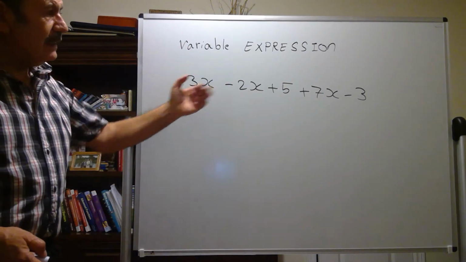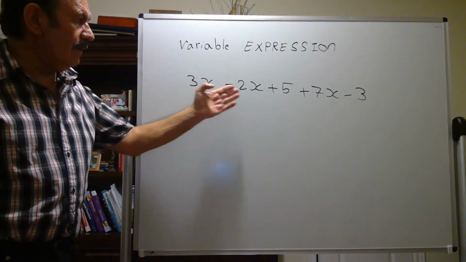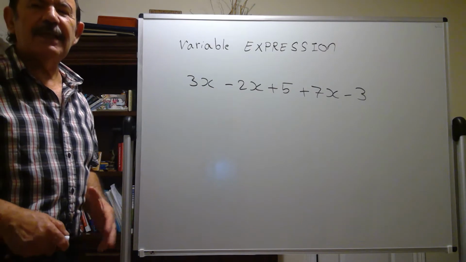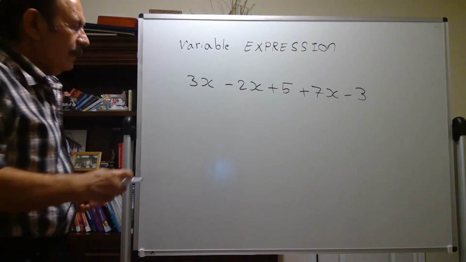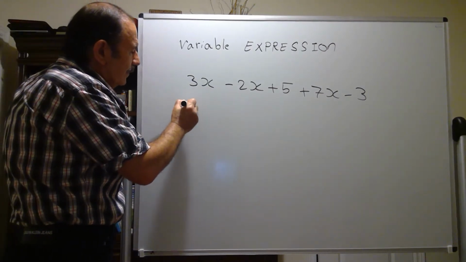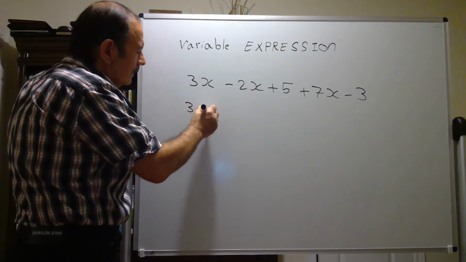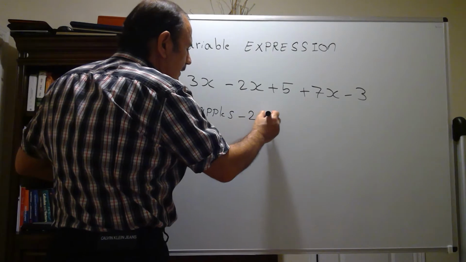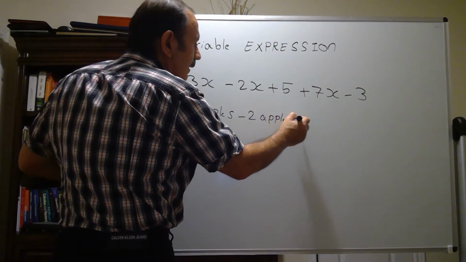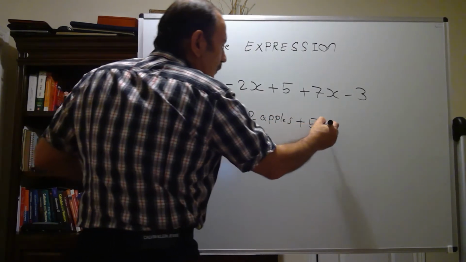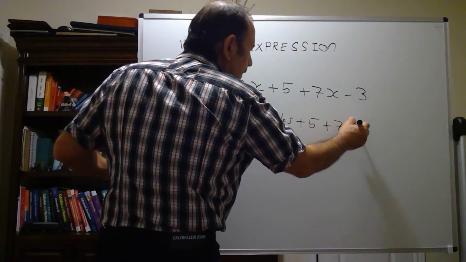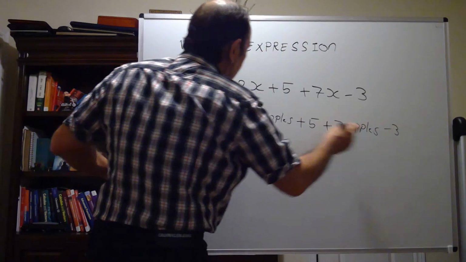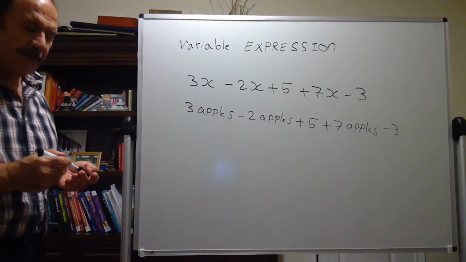If we compare this expression, if instead of x I substitute, let's say, apples, then what is going to happen? It's going to be 3 apples minus 2 apples plus 5 plus 7 apples minus 3. Just instead of x I substitute apples.